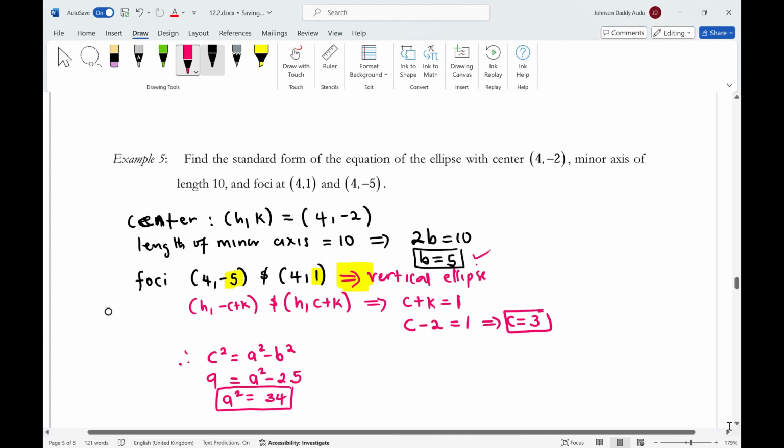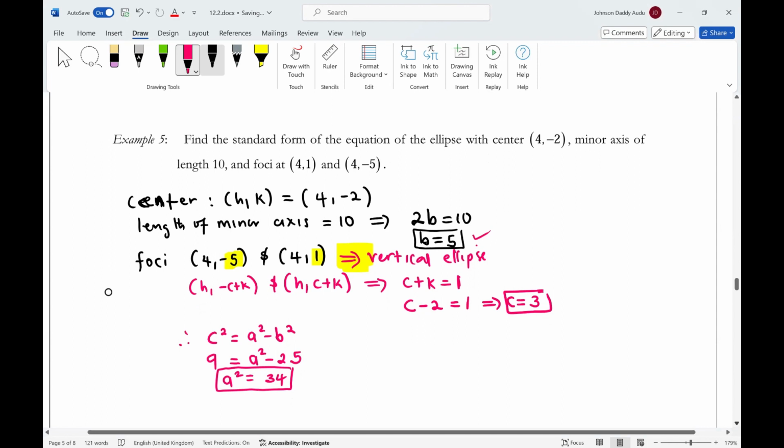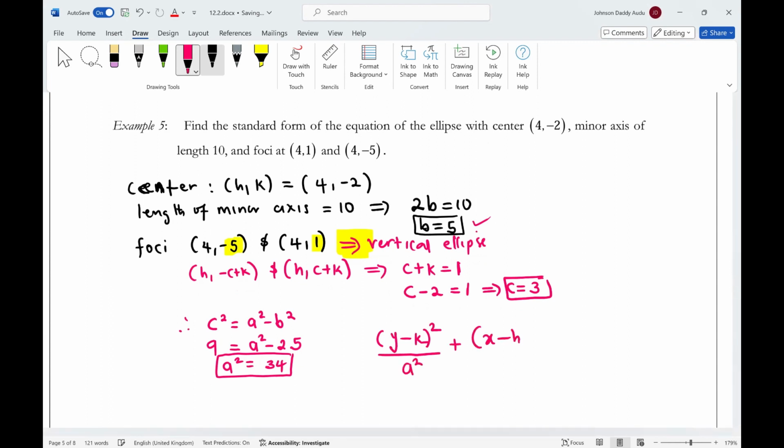So if we want to write the equation in standard form, we have everything ready. Remember, the equation is going to be (y - k) all squared over a squared, plus (x - h) squared over b squared, is equal to 1.